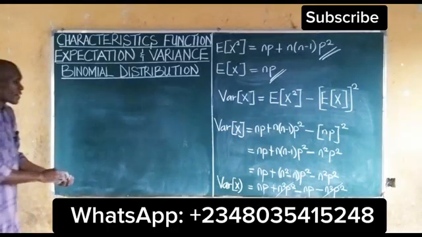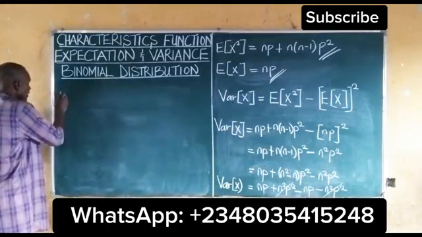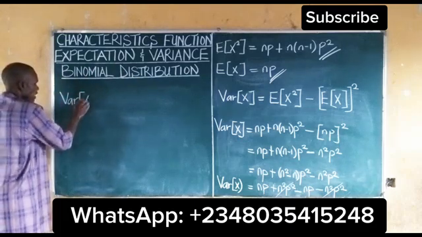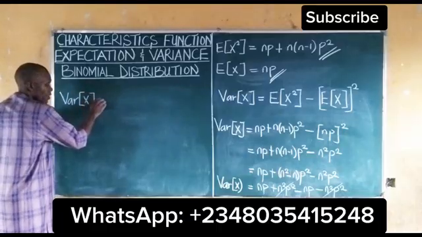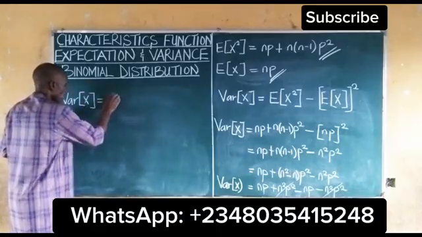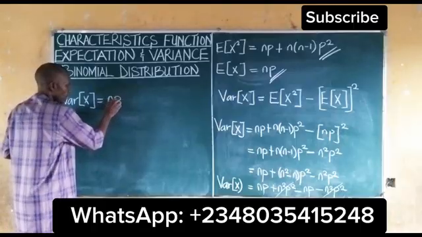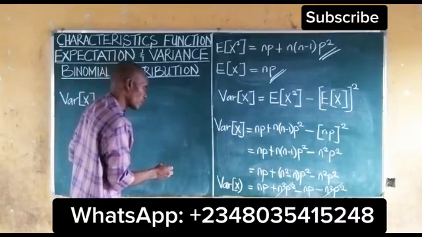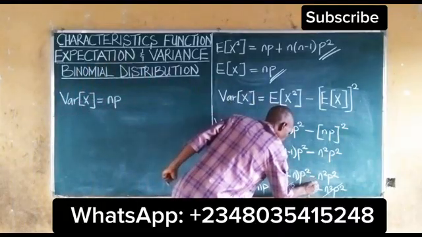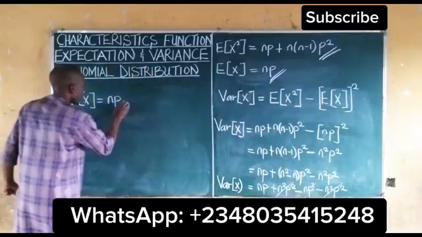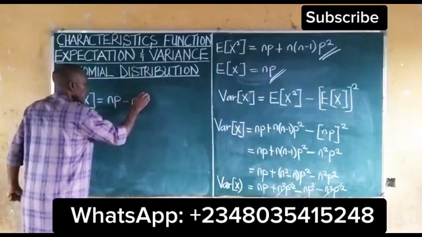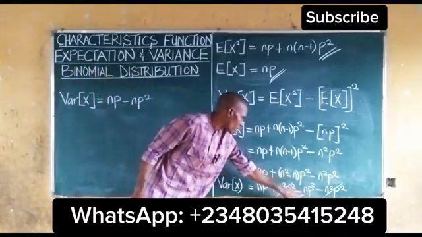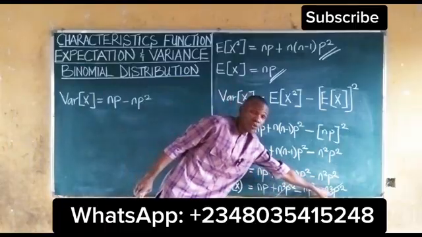So how do we write our variance? Our variance of x will be equal to np minus np squared. This is because when we open this bracket, we got this, and the whole of this will cancel the whole of this.